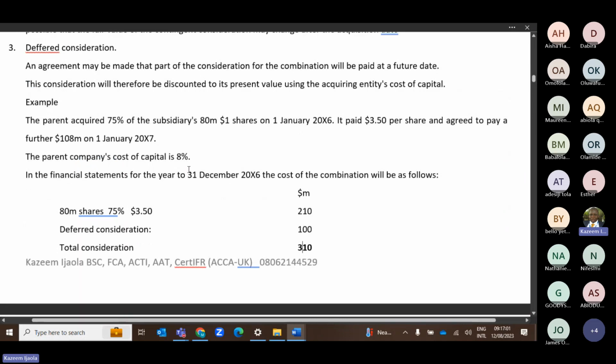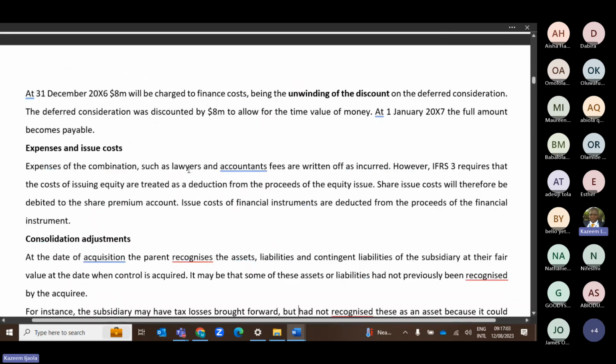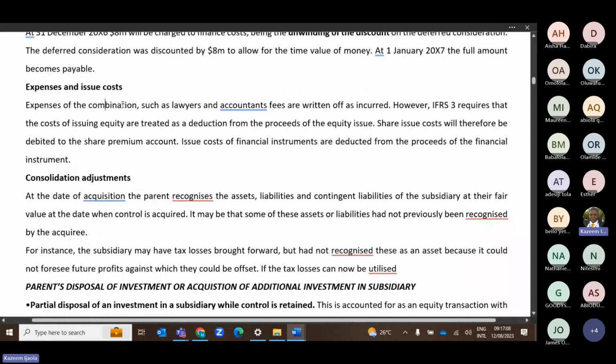All right, let me move on to expenses and issue costs. What the standard says is that any expenses such as the lawyer fee and accountant fee, you have to write them off as they occur.